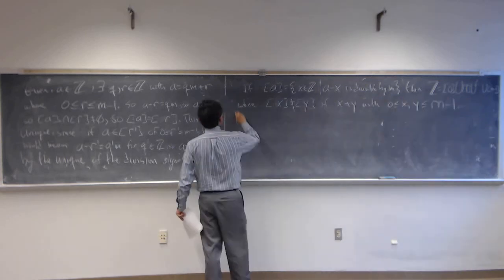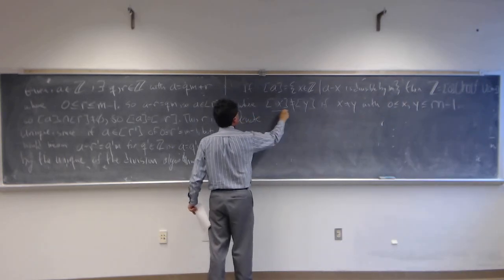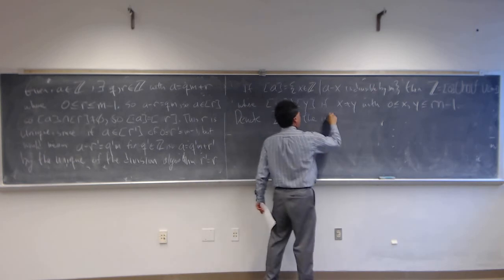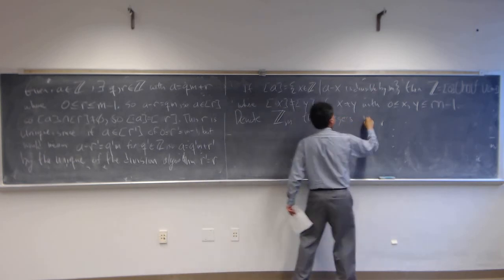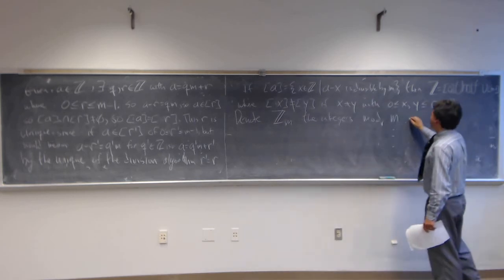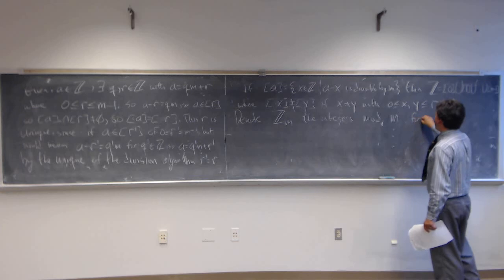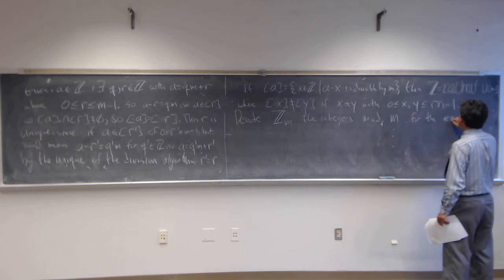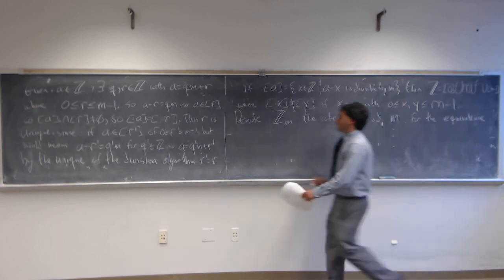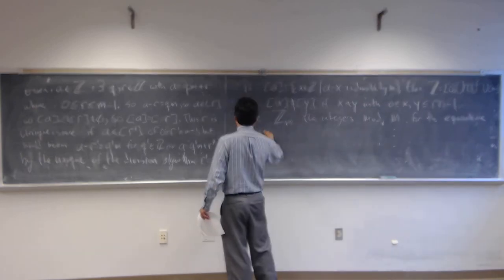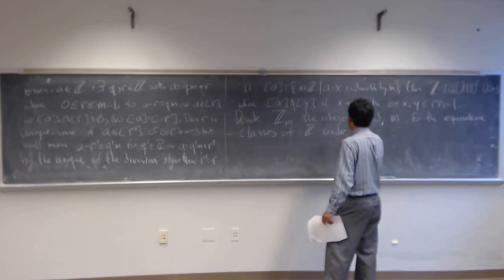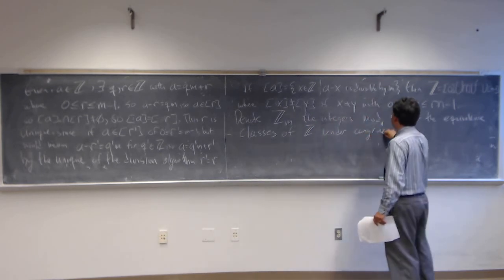And so we denote, this is some notation we'll get back to quite a bit, Z sub m, the integers mod m, for the equivalence classes of Z under congruence mod m.